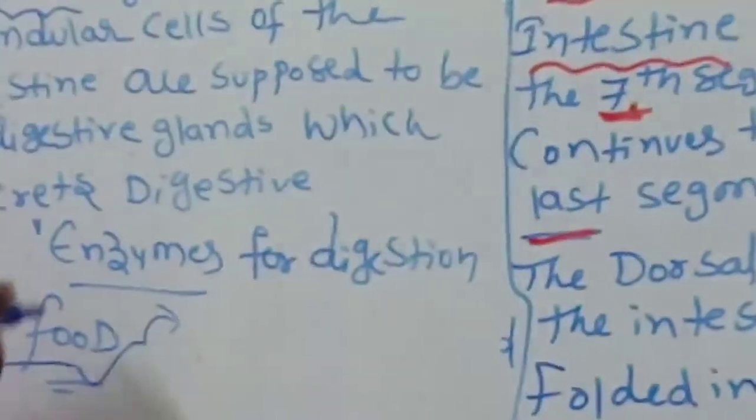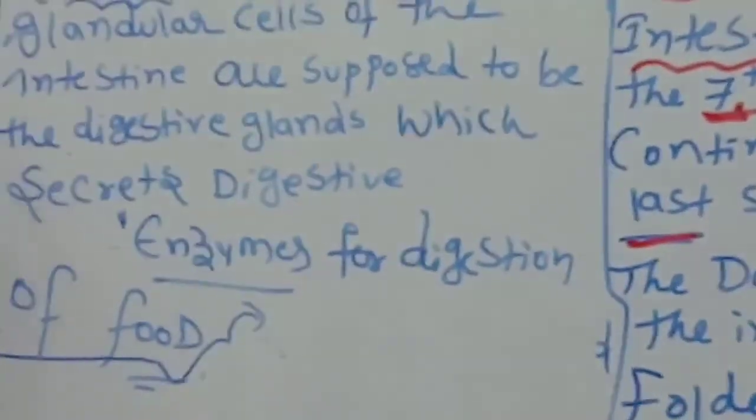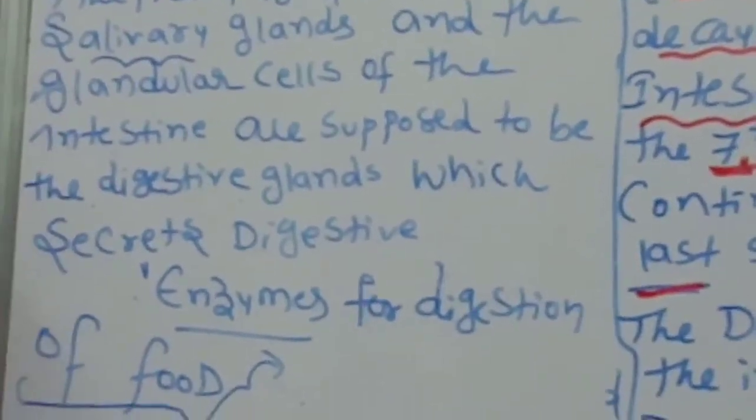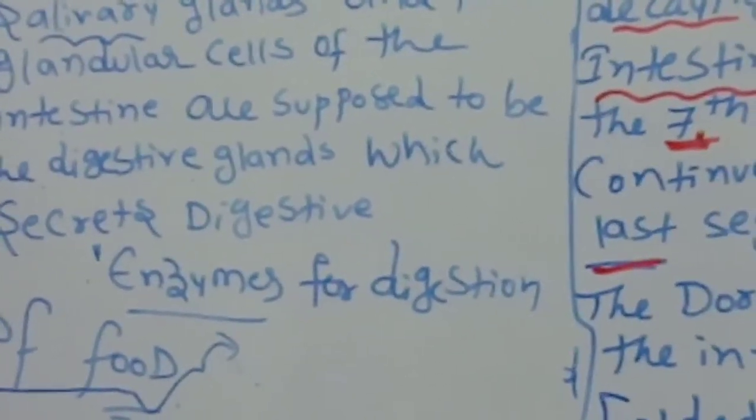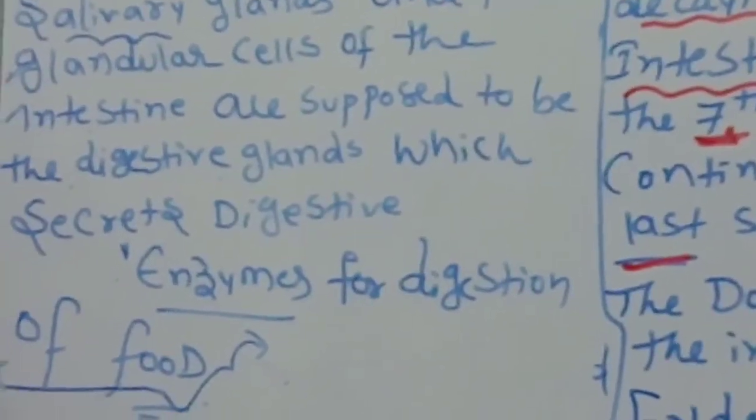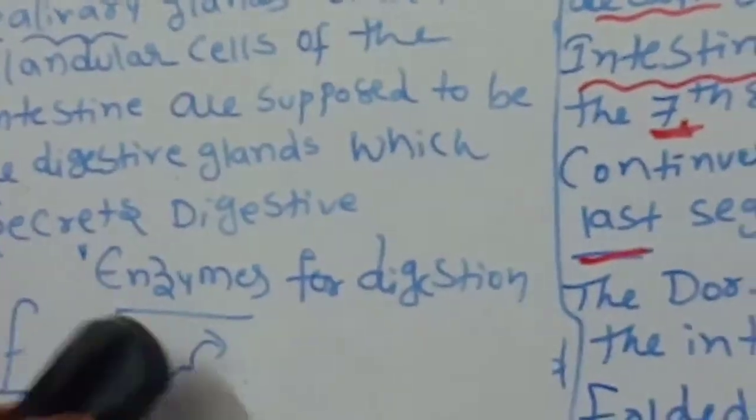Okay, children. So like this, the digestion process takes place in Lampito mauritii. The next system is the respiratory system.